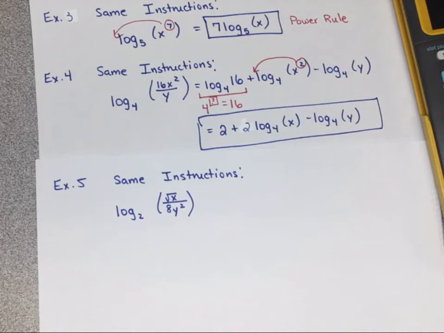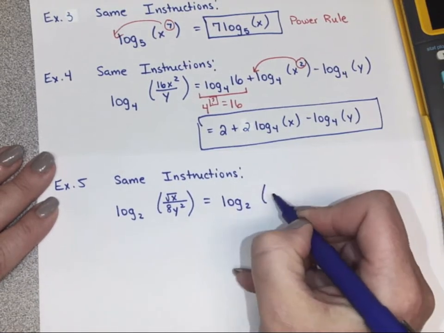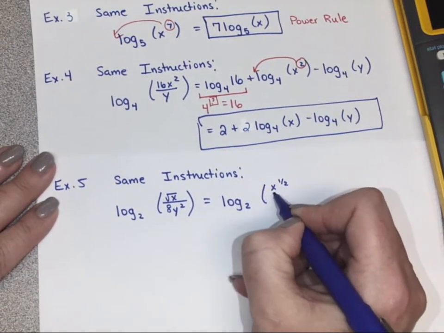So we've got the log base 2 of the square root of x divided by 8 and divided by y squared. So before I even start with my rules, I'm going to rewrite this as x to the 1/2 power.